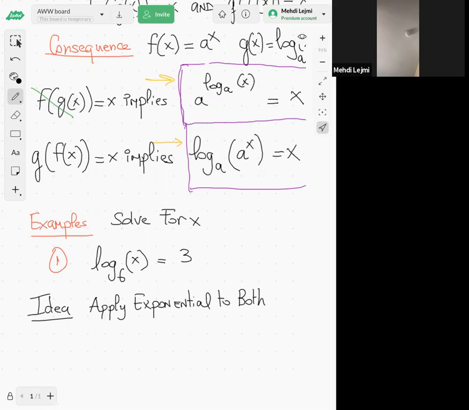Why do we apply the exponential to both sides? Because then your exponential and your log would cancel out, right? Because the exponential applied to the log would cancel out.